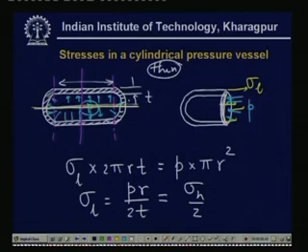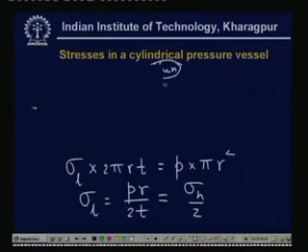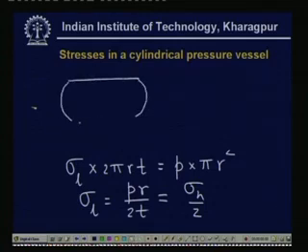Sometimes now here, because of manufacturing, what we have is that this is made not as a continuous section, but by different joints. So, you will come across different kinds of joints. Now, here a typical cylindrical vessel, and it may be made of two parts like this.